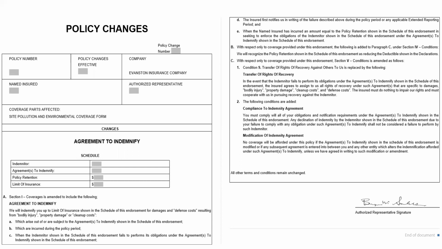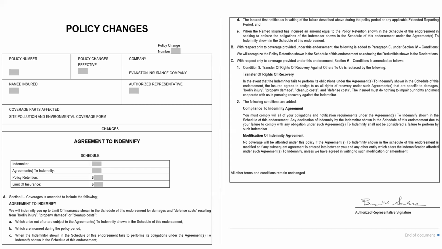So as you can see here, we have over on the left-hand side, the agreement to indemnify. We simply schedule who the indemnitor is, the purchase and sale agreement, what the retention is, and what the limit of insurance is. And then very simply, if we look at the insuring agreement and read it, it's pretty clear.